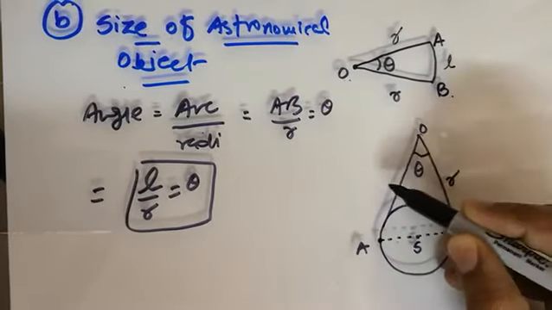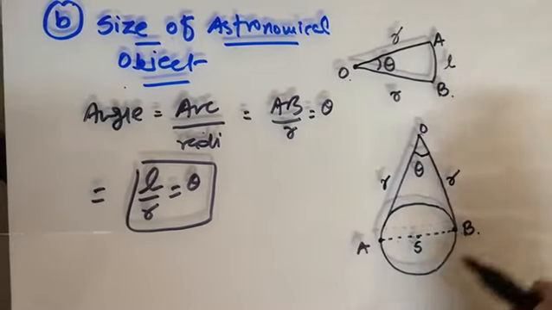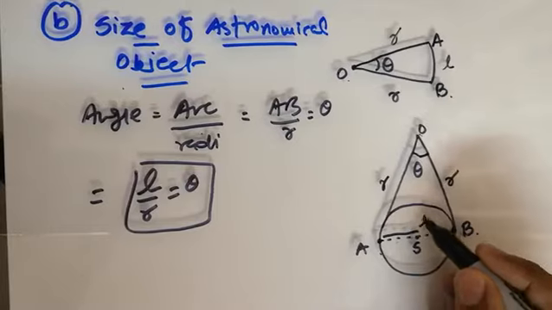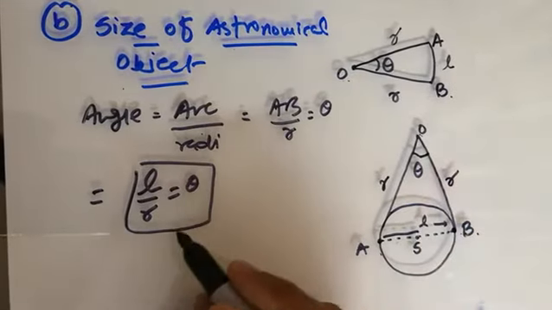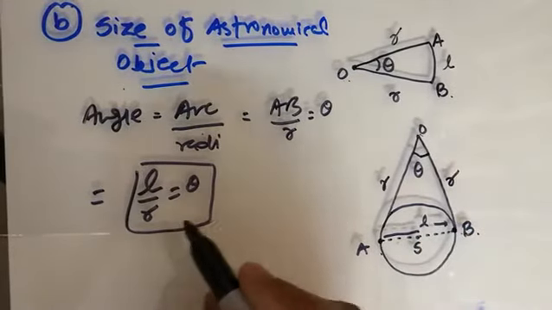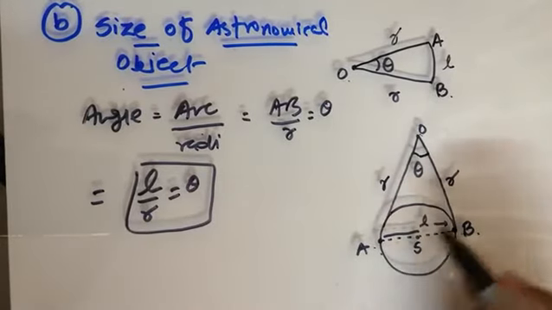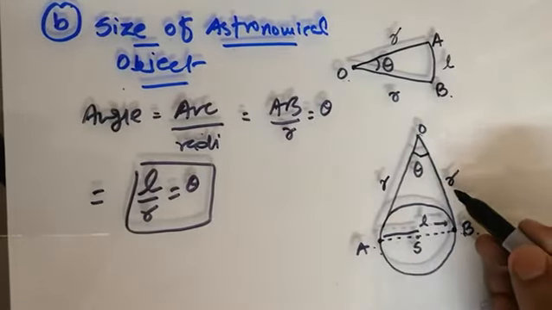Let's say my distance or radius is called R, and from A to B, I'm naming the entire arc L. So my formula will be the same again: angle equals arc upon radius. My arc is AB and the radius or distance is called R.